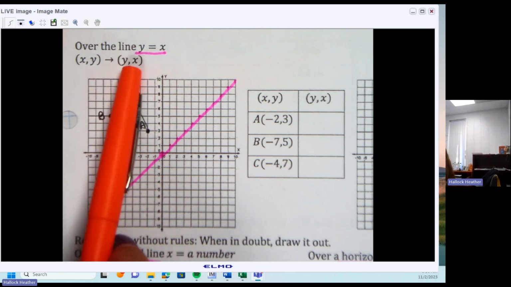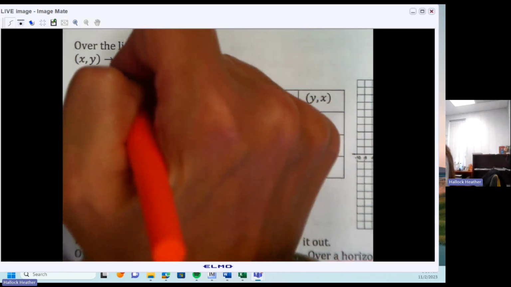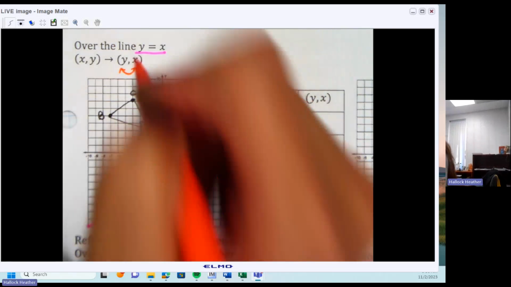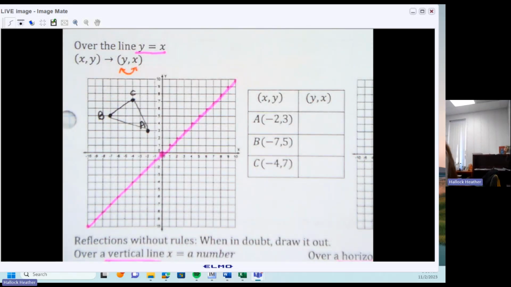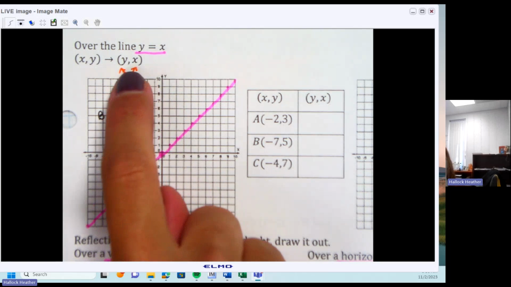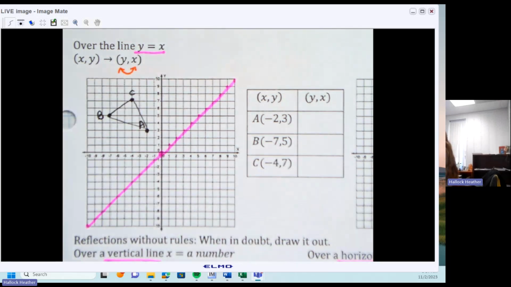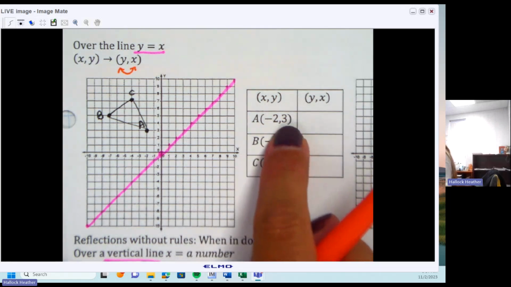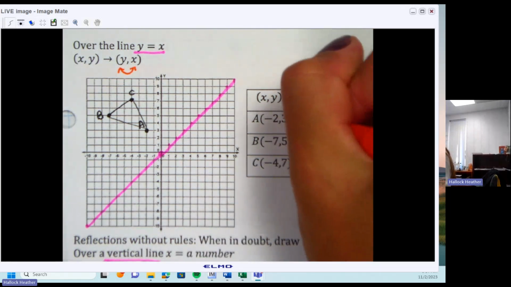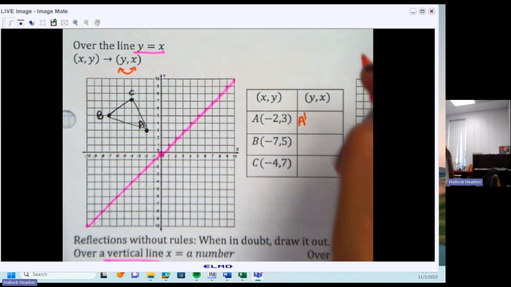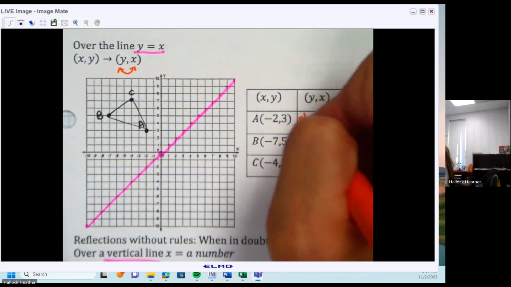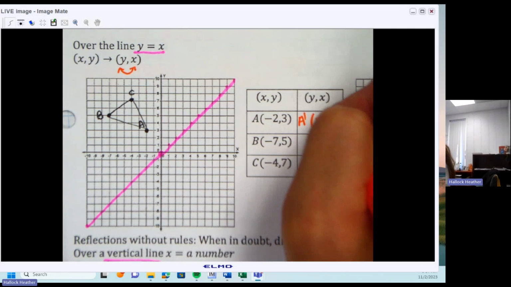So all it's doing is flipping your original coordinate point to make a new coordinate point. Because it's a positive line, your coordinate points are just staying exactly the same, just flipping. So if A was -2, 3, A prime is literally just flipping to make 3, -2.